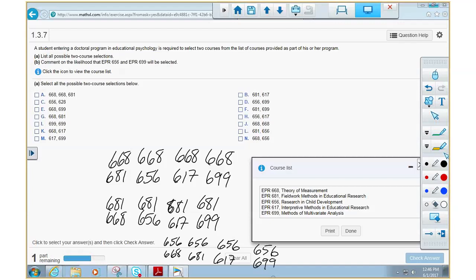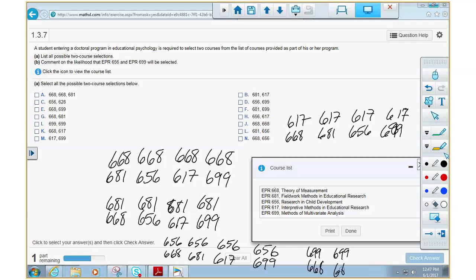Next one will be 617, 668, 617, 681, 617, 656, and 617, 699. And then the last one, 699, 668, 699, 681, 699, 656, and 699, 617.